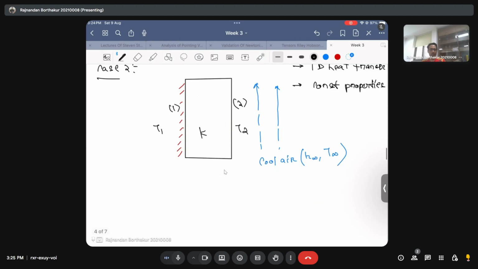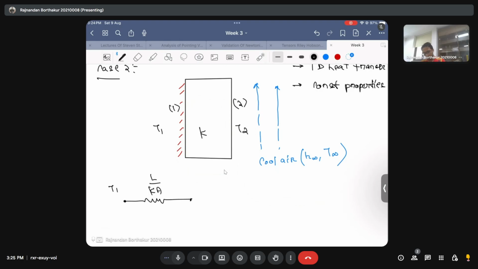In that context, if you draw the resistance network, this is your temperature node T1. Then we all know there will be a conduction resistance that we already saw, due to conduction heat transfer taking place within the slab, and this we all know is L by Ka.